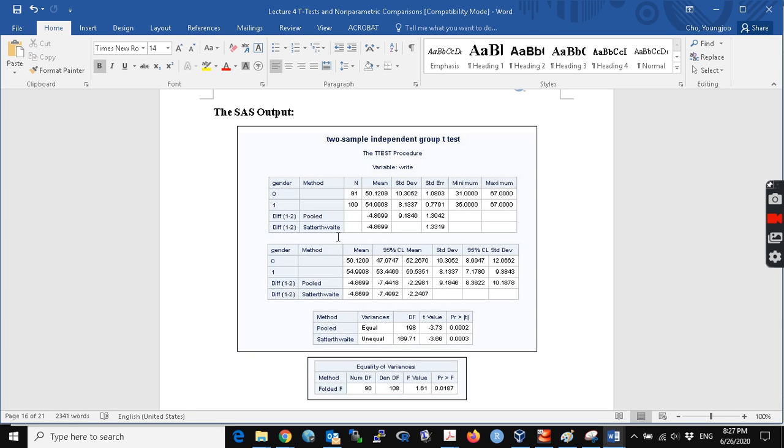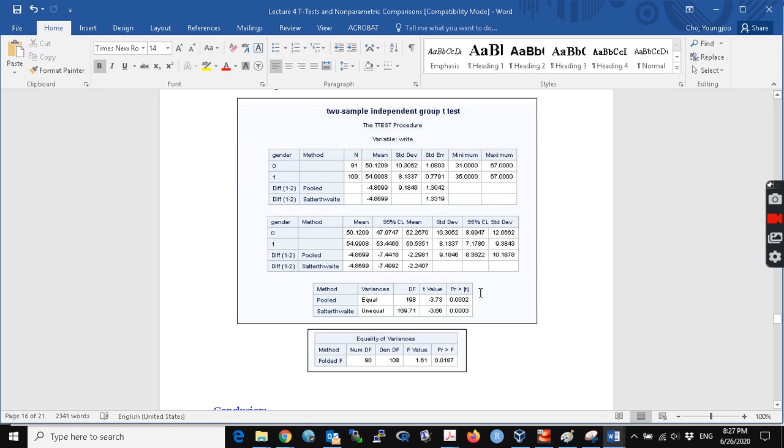And we have Satterthwaite, which means that we treat the population variances as different. And then we have the second part, the confidence limits: the 95% confidence limits for the mean and for the standard deviation.